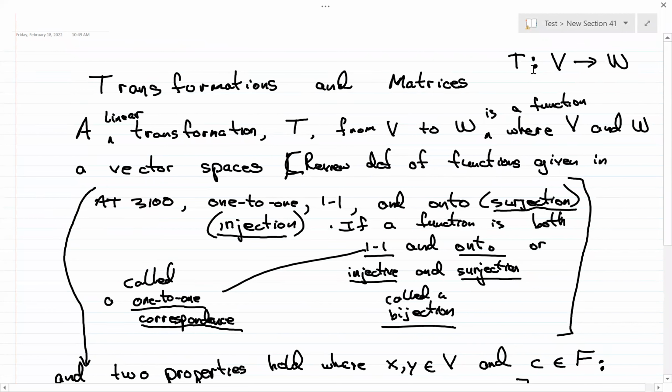What I already just said is this means you're a function going from V to W. But perhaps in this book, this also means that you're a linear function. Why? Because we call a function linear if these properties hold, and they just call T linear.